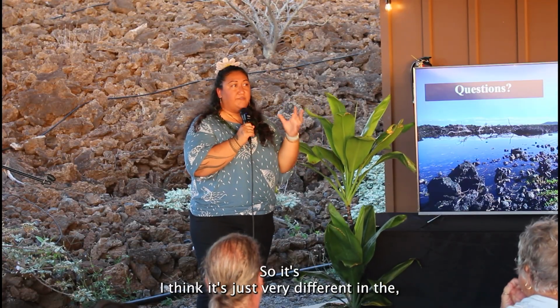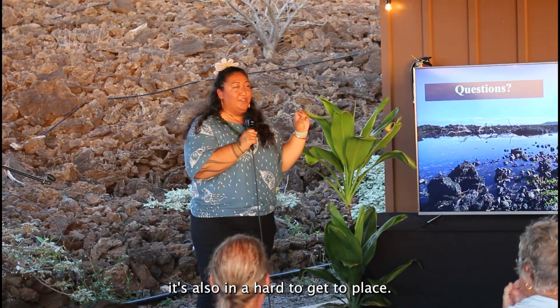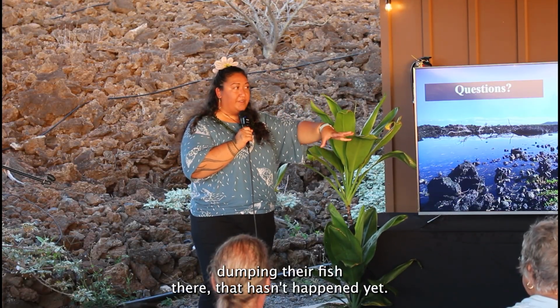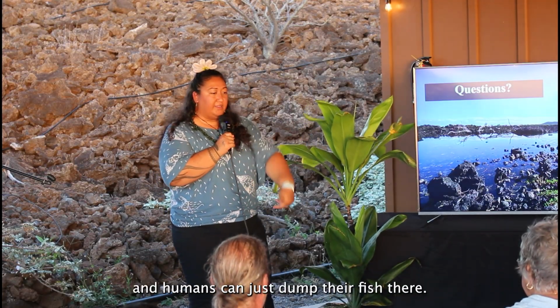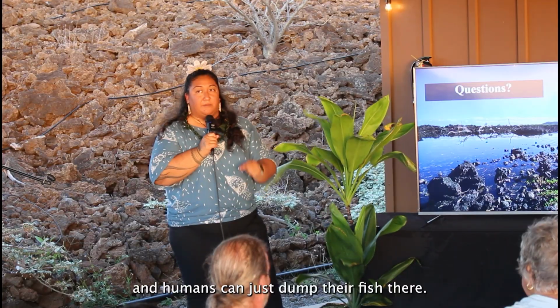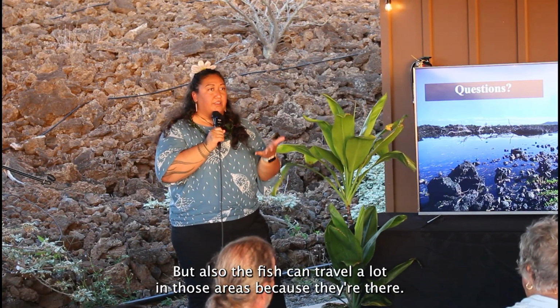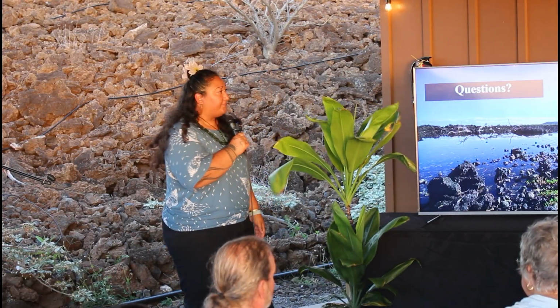It's also a hard to get to place, so as far as humans dumping their fish there, that hasn't happened yet. Whereas the other ones are easy to access and humans can just dump their fish there. But the fish can also travel a lot in those areas, because during higher tides those ponds all connect to each other.